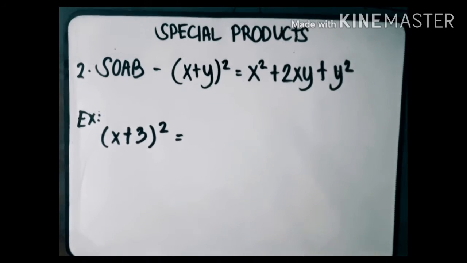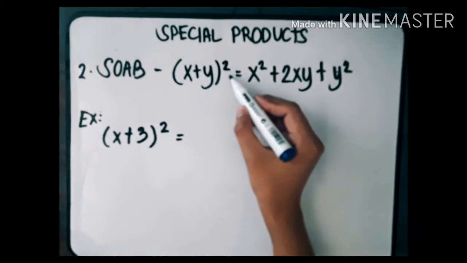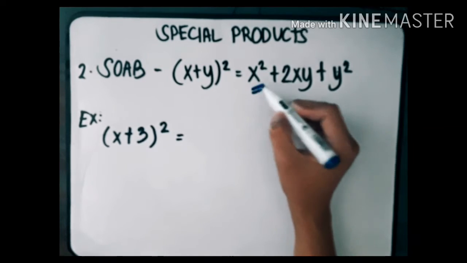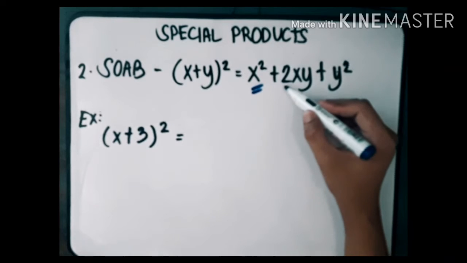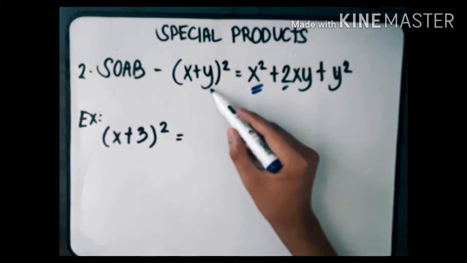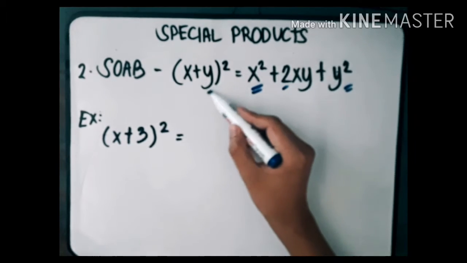Next is the square of a binomial. So the square of a binomial is equals to the square of the first term plus twice the product of the first and the second term plus the square of the second term.